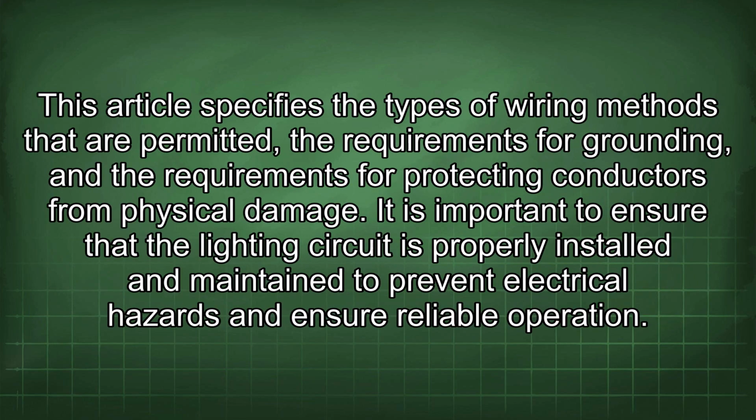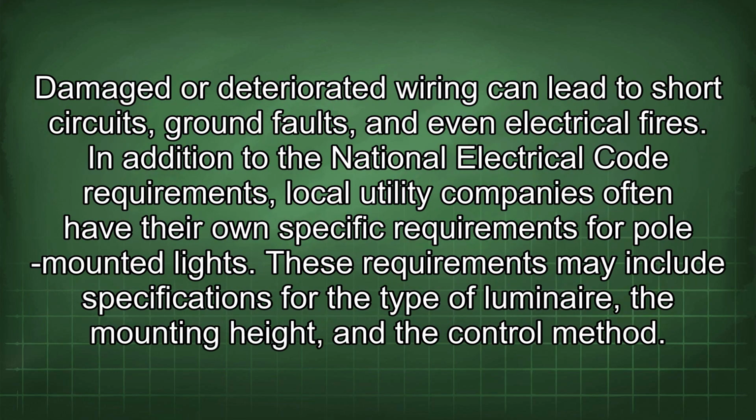This article specifies the types of wiring methods that are permitted, the requirements for grounding, and the requirements for protecting conductors from physical damage. It is important to ensure that the lighting circuit is properly installed and maintained to prevent electrical hazards and ensure reliable operation. Damaged or deteriorated wiring can lead to short circuits, ground faults, and even electrical fires.